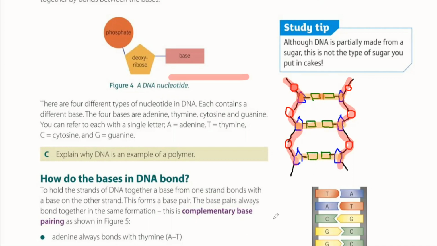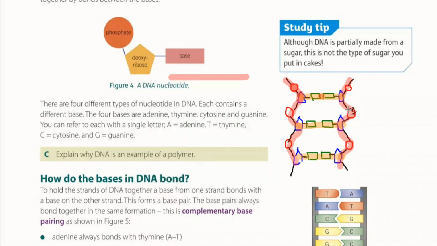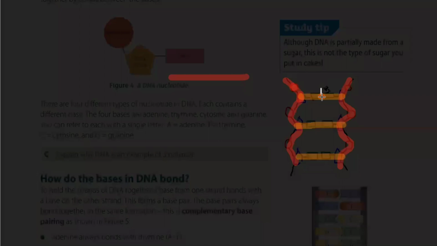And if you want to look at something, we will be looking at the strands and the nucleotide. Here, this particular part from here to here, the sugar, phosphate and a base, is the nucleotide.